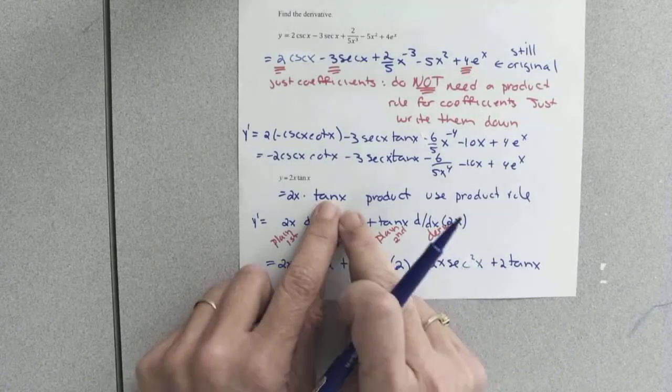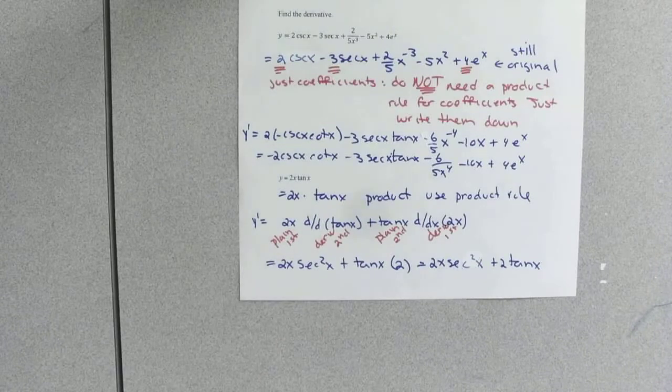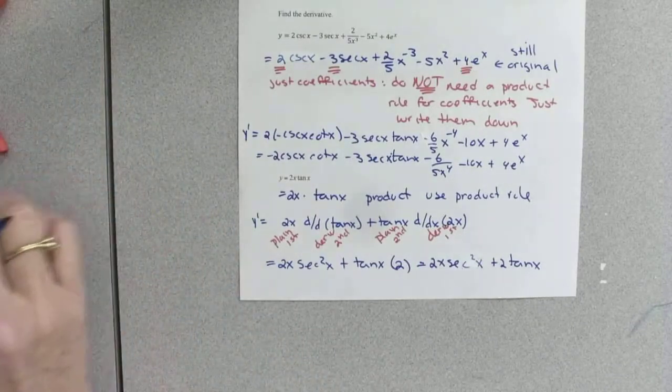No trigonometry, so the angle of x stays the angle of x. Now the trig functions changed because of the calculus, but the angles do not change. Your arguments in your trigonometry do not change if all you've done is algebra and calculus. Okay, let's go on to the next one.